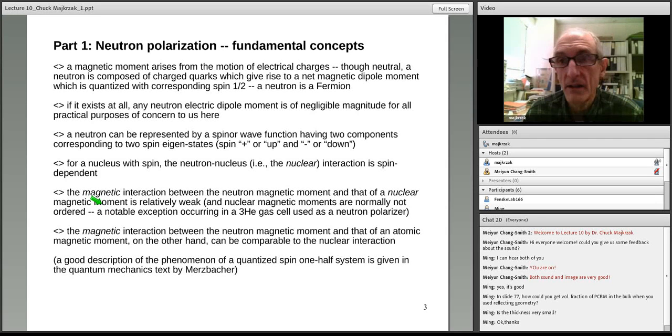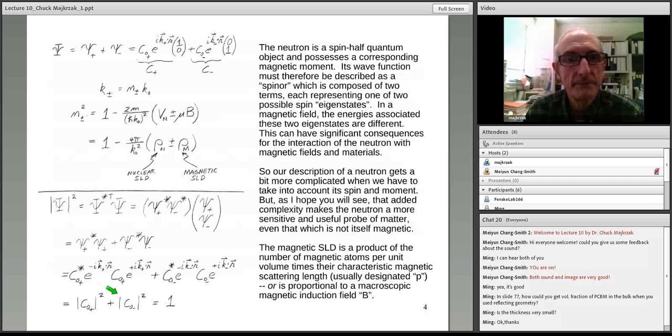So it's a relatively strong interaction or potential. The magnetic interaction is very useful, of course, for studying magnetic structures, but as we'll see, we can use the interference of this scattering with the nuclear scattering for experimental measurement purposes of non-magnetic systems.